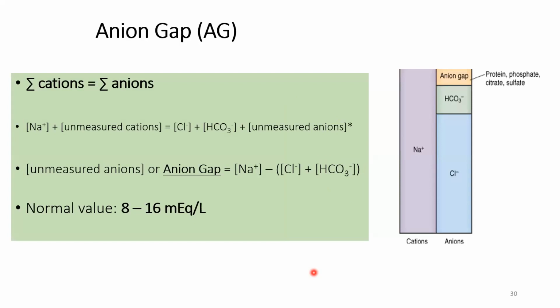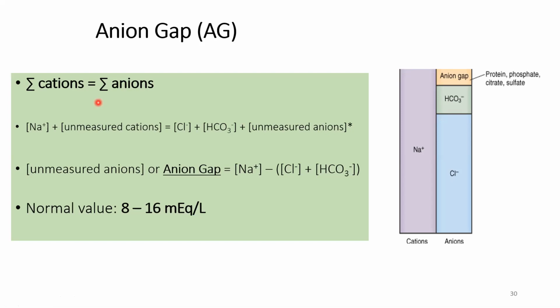Anion gap is one of those concepts which we use to categorize this whole thing. Remember that this is just a concept. There is no actual gap in anions or cations. In fact, the sum of cations and the sum of anions are in complete balance in the body. But this is an ingenious conceptual framework.